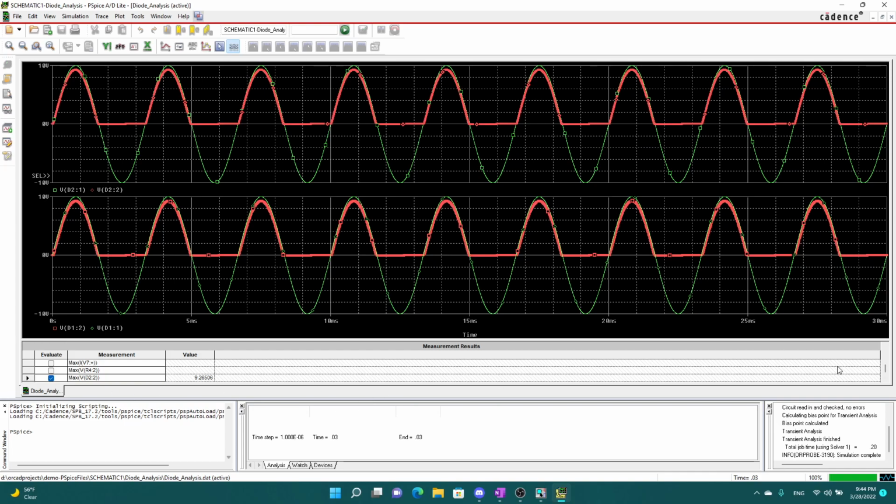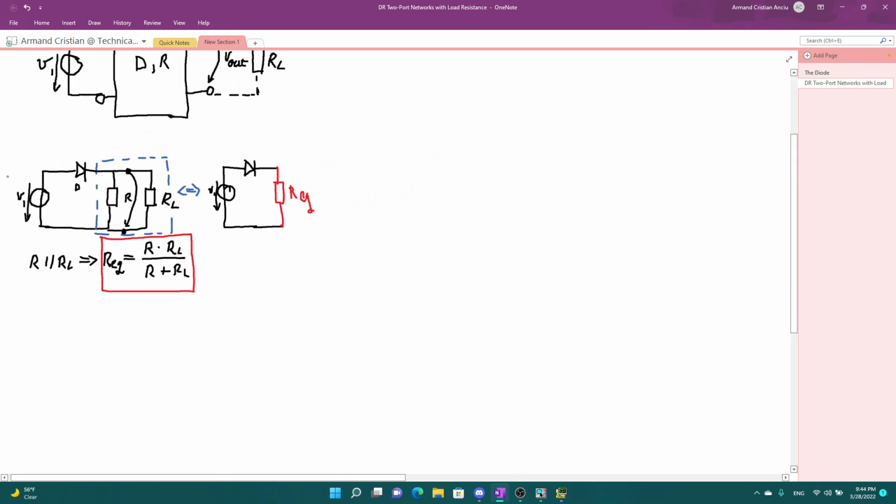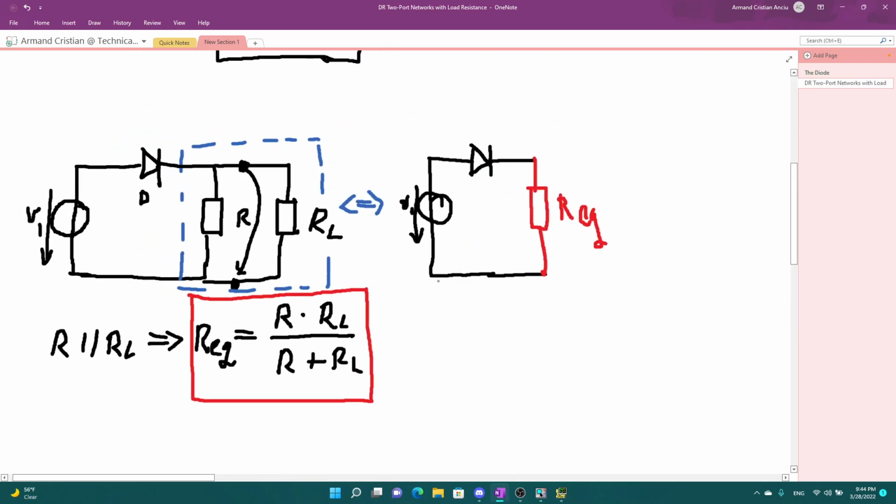Which is again 9.26. So it's the same exact value, as you can see. Going further, this means, like I said, that the load resistor doesn't really have an impact on our circuit, only that it basically changes the value of the output resistance.